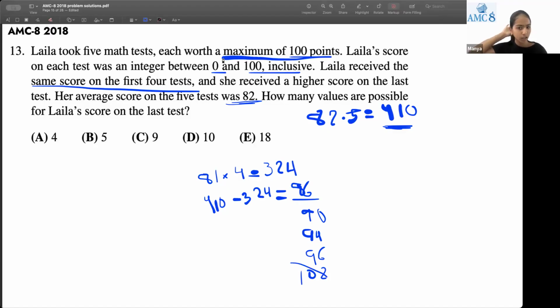So 86 is the lowest. She can't get 83 because then the average would not be 82 and it would not be an integer. So there are 4 total possible values: 86, 90, 94, 98. And that's how we got our answer choice A.